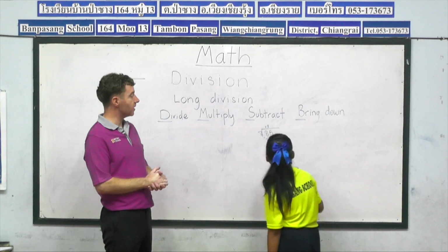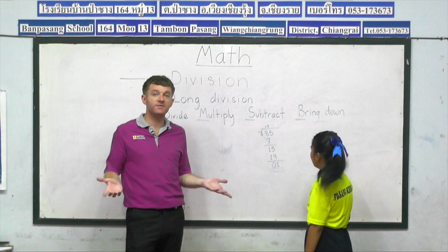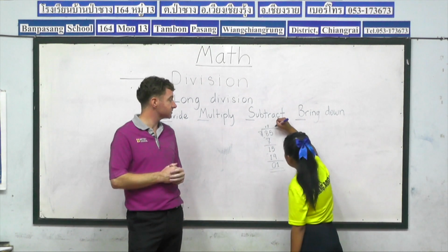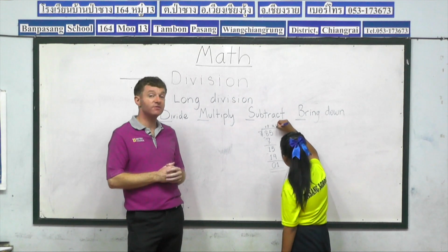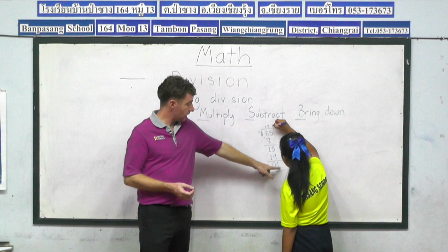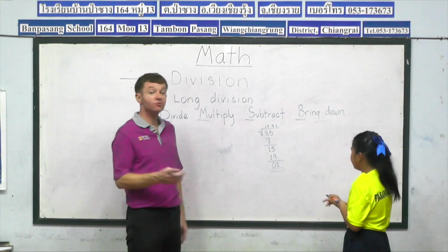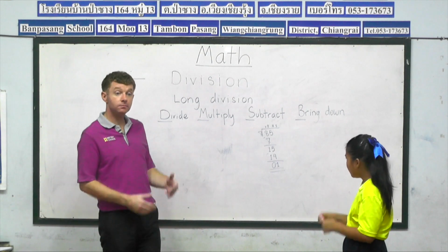And now we bring down again. But wait a minute. There's no more numbers to bring down. So what does that mean, guys? We have a remainder. And as Lakau is demonstrating, not a problem, just write R and the digit 1. So our answer, 12, remainder 1.